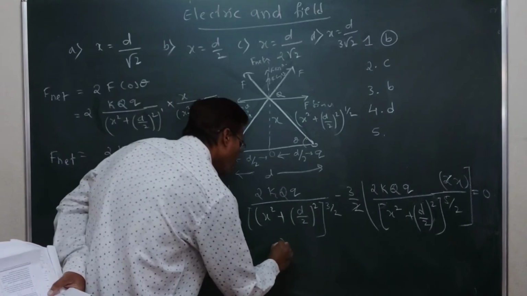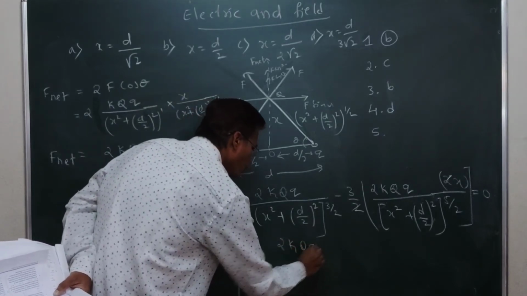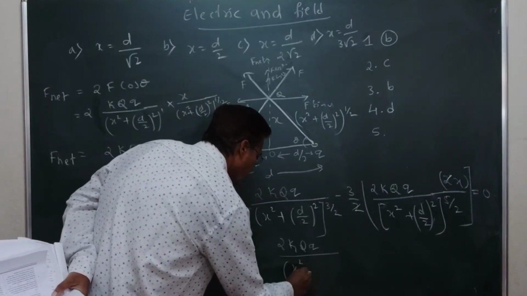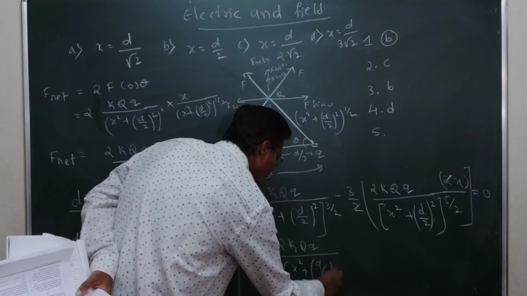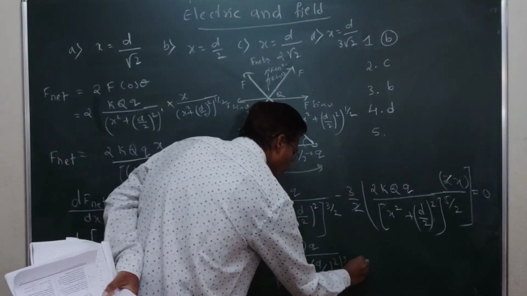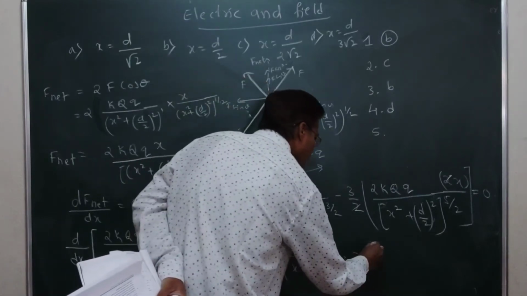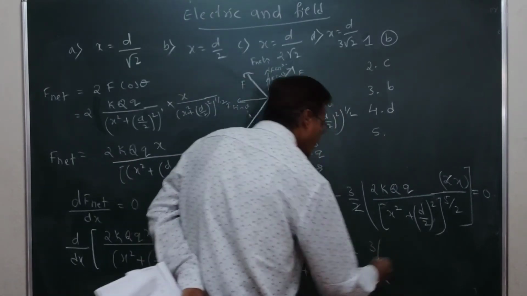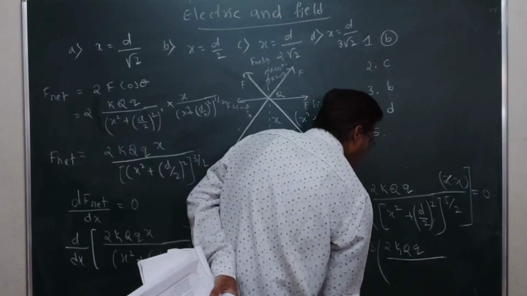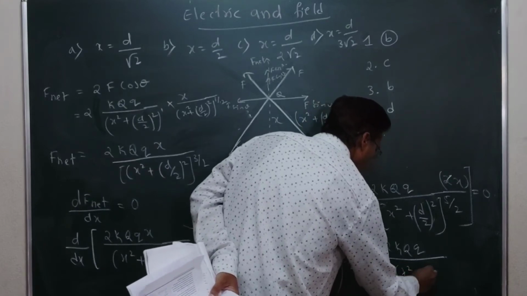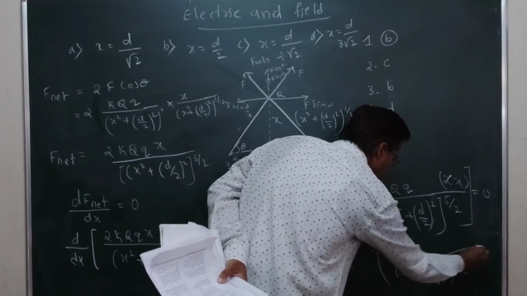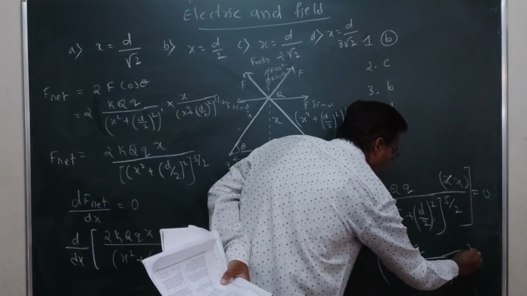So 2kq small q divided by x square plus d by 2 whole square to the power of 3 by 2 equals 3 times 2kq divided by x square plus d by 2 whole square to the power of 5 by 2, into x.